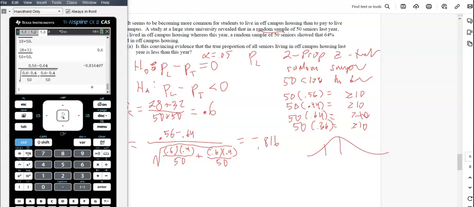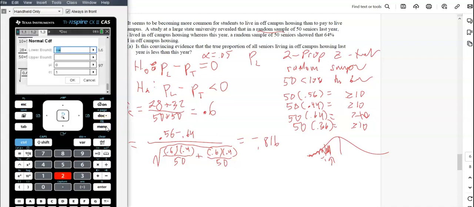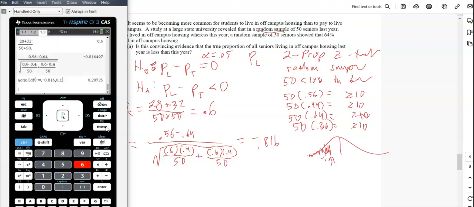So 0, negative 1, like right around here, we're shading this way, starting at that Z value. So this would be menu 652 there to negative 0.816. And that's the p-value, 0.207.